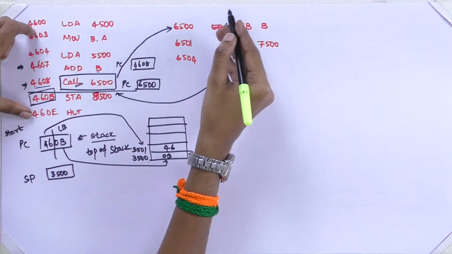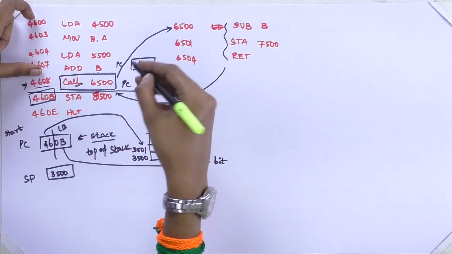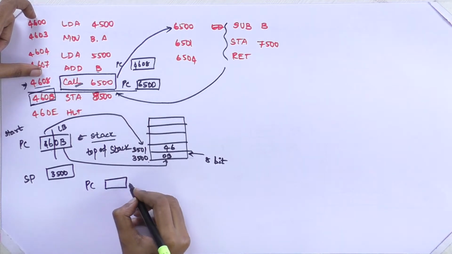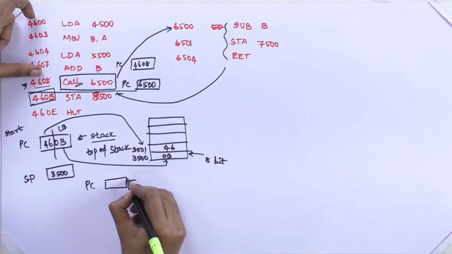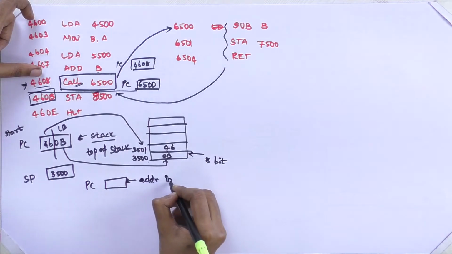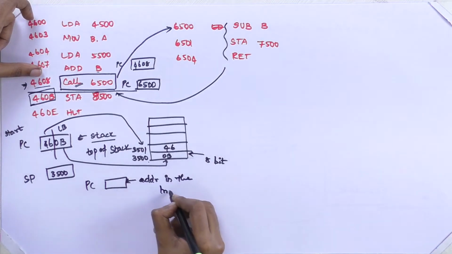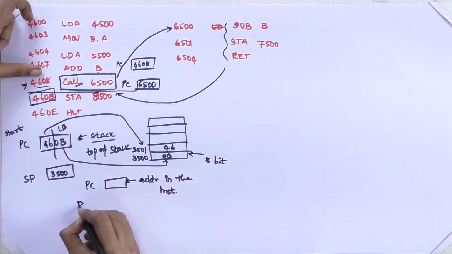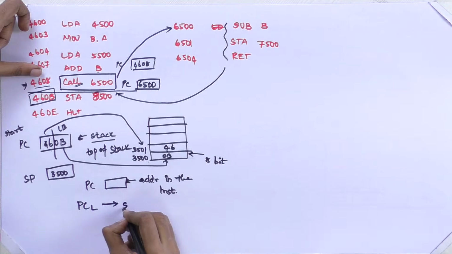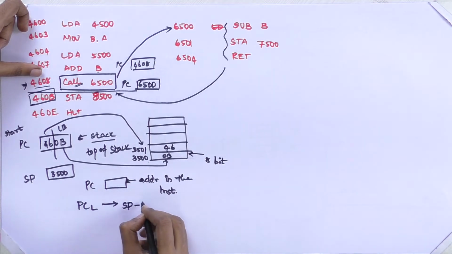Before it jumps to 6500, the PC value will be changed and fed with the address in the instruction, and the PC lower byte value will be stored at stack pointer minus 1.